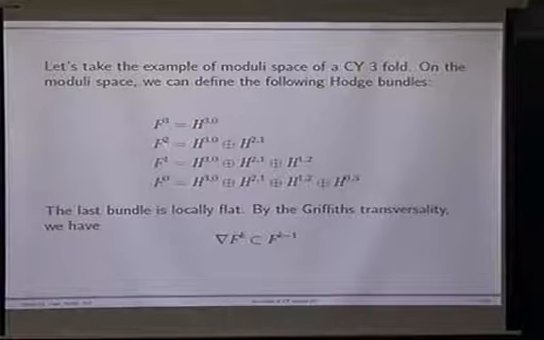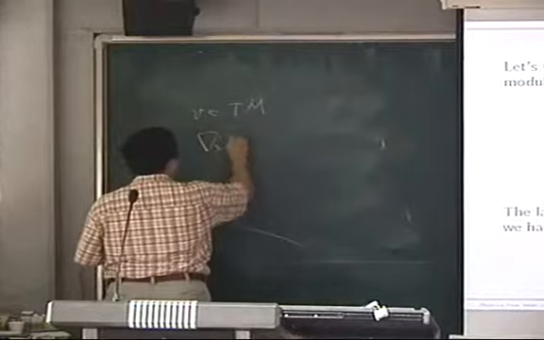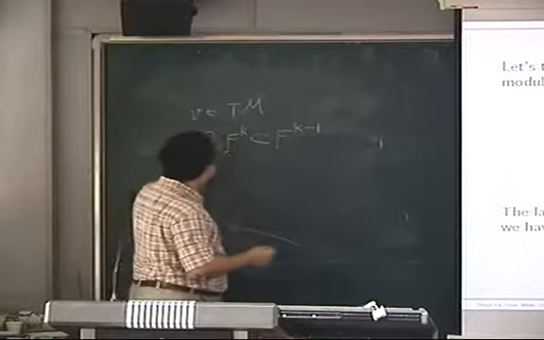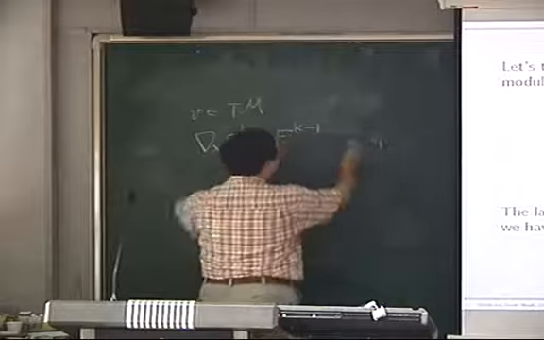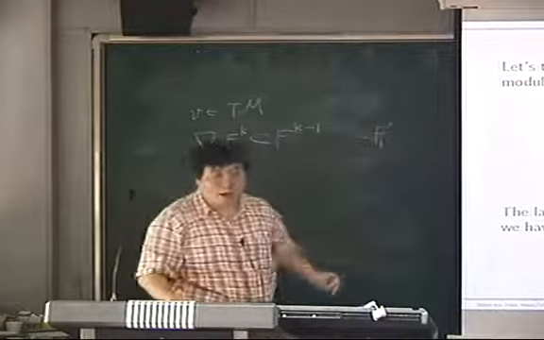If you take any section of Fk and take derivatives, one thing is that all the Fk are subbundles of F(k-1). And Griffiths transversality tells us that, well, this is not very accurate, but what I mean is that for any V in the tangent bundle, the derivative of a section of Fk belongs to F(k-1). Basically, if you take one derivative, everything should be in F0, but for the derivative of Fk, it at most goes to F(k-1).